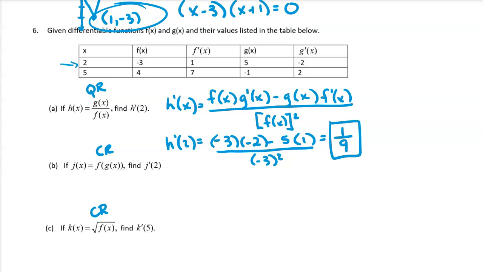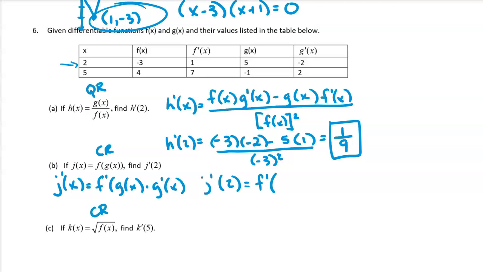So that's perfectly fine. Here our j prime of x is f prime of g of x times g prime of x. So j prime of 2 is f prime of g of 2, but g of 2 is 5.